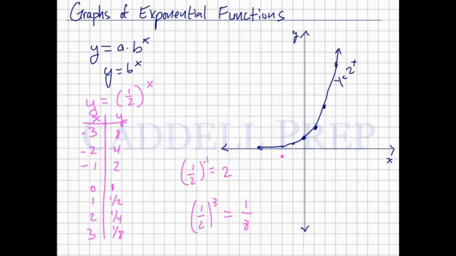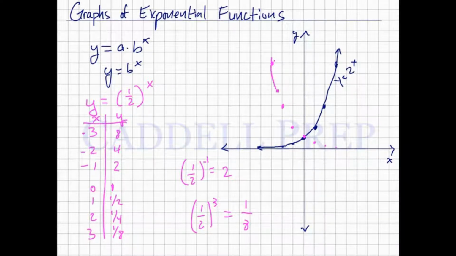So negative 3, 8. Negative 2, 4. Negative 1, 2. 0, 1. 1, 1/2. 2, 1/4, and 3, 1/8.